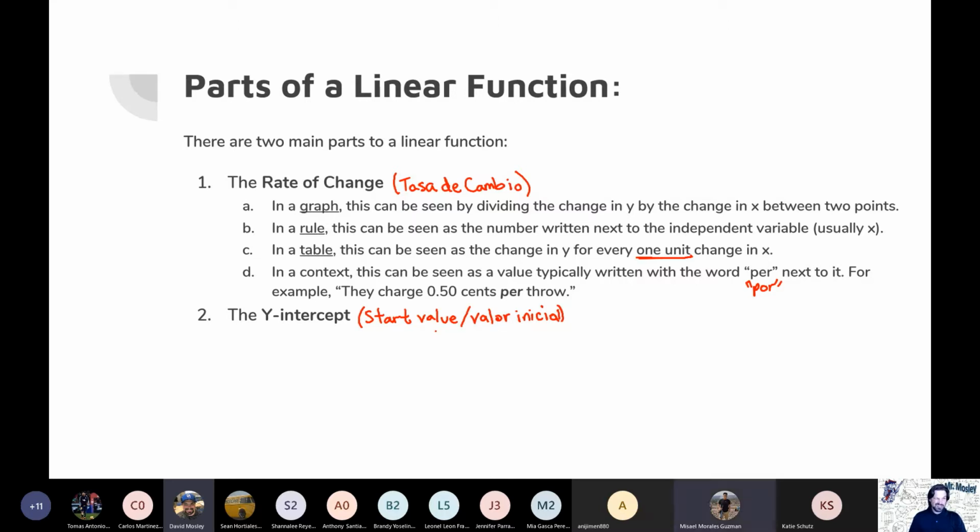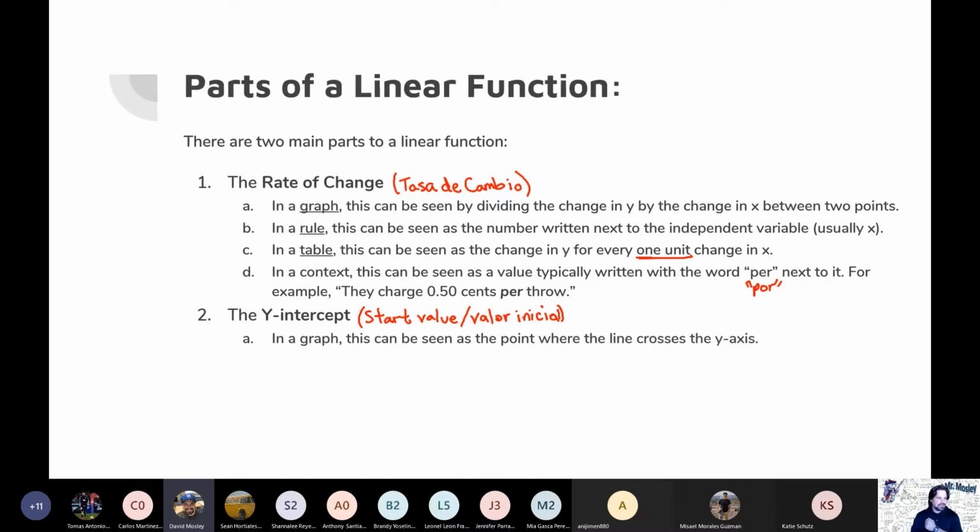Then it's the intercepción de Y. All right. And so, in a graph, this can be seen as the point where the line crosses the y-axis.